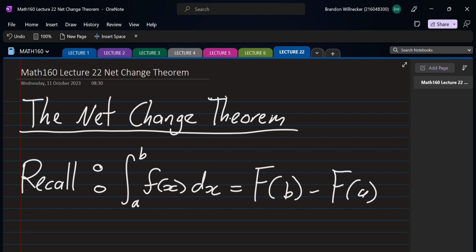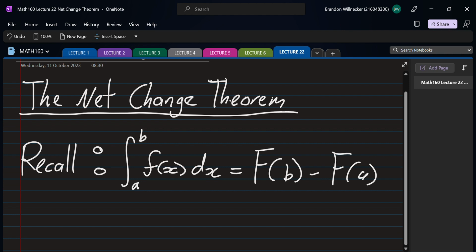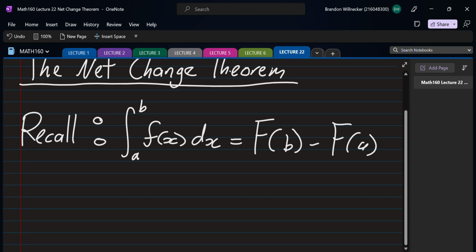Okay, so we've used this quite a bit now. Okay, so inside the integral we have little f, and then on the right-hand side we have the antiderivative, which we call capital F. Okay, now what happens if we replace that integrand, little f, with a derivative?